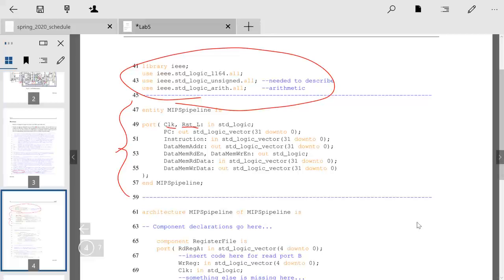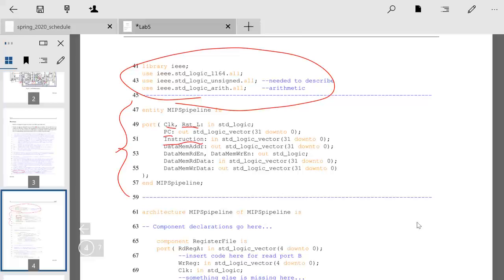And then we have our program counter, which is an output, and that's a standard logic vector 31 down to 0, because that's a 32-bit bus. The input is an instruction, a standard logic vector 31 down to 0, so it's a 32-bit input. That's the output from our instruction memory, which is emulated in the test bench.